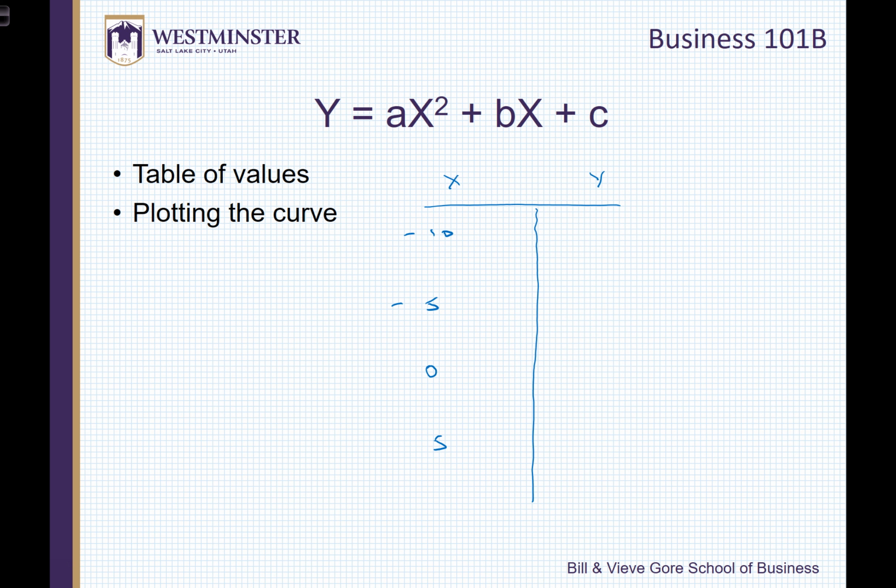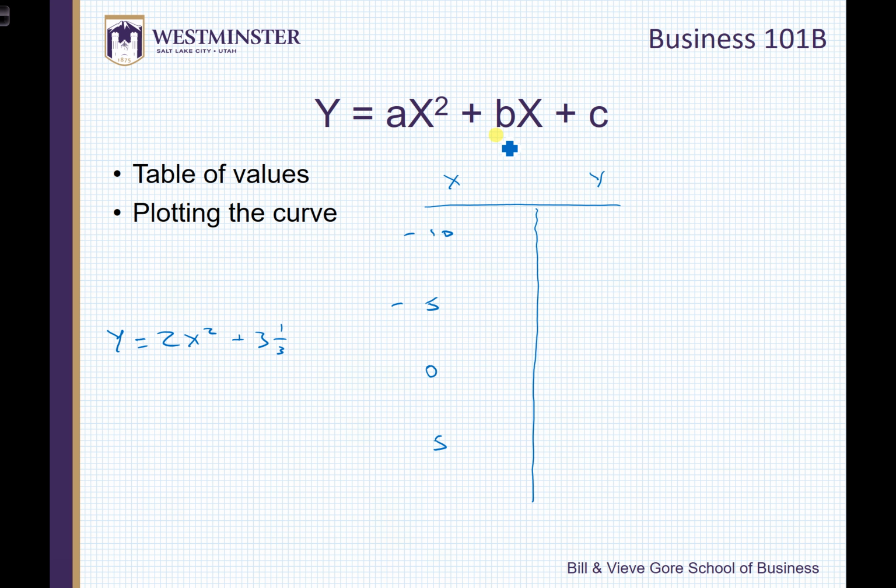So if I have x of negative 10, I'm going to evaluate it against an equation, and in this case I'll choose a different equation, a slightly simplified equation. I'll say that y is equal to 2 times x squared plus 3 1/3. Well, that doesn't quite look like this equation.